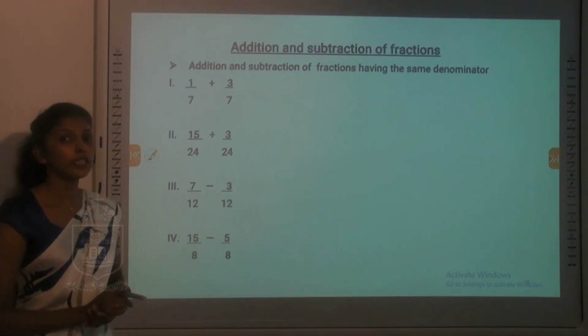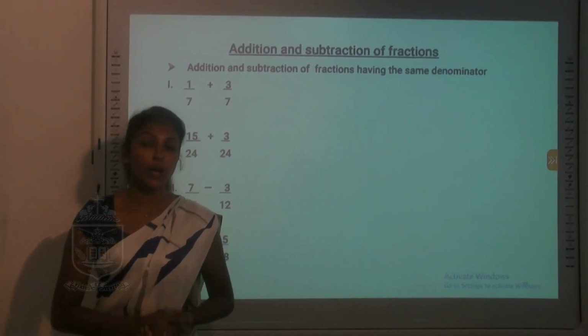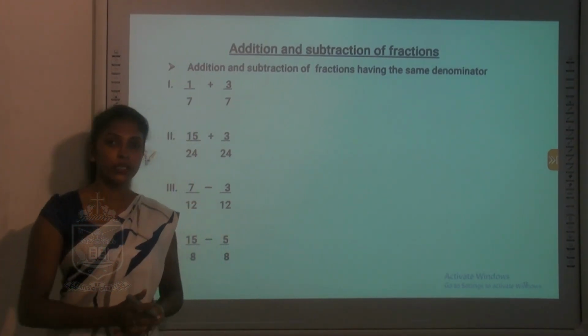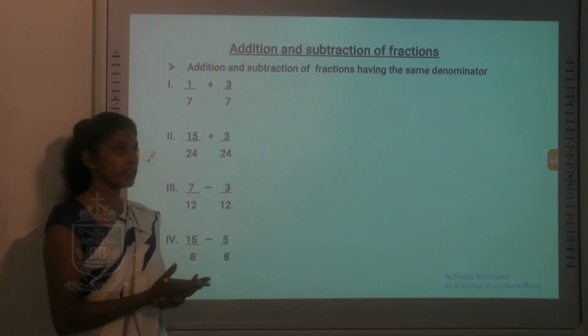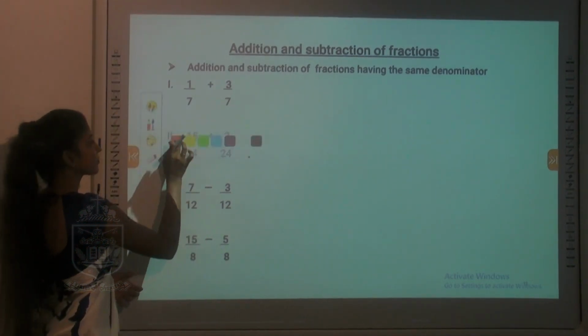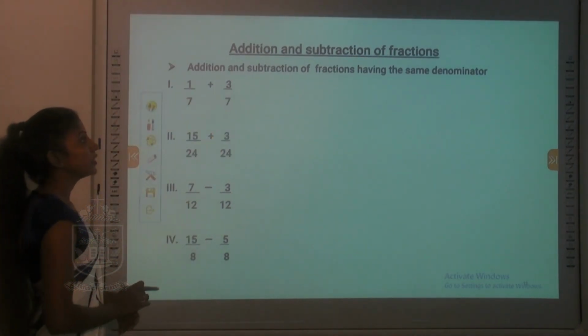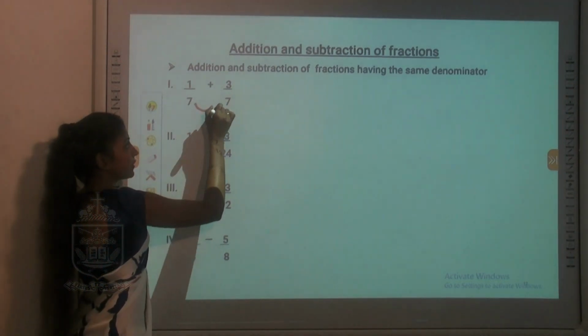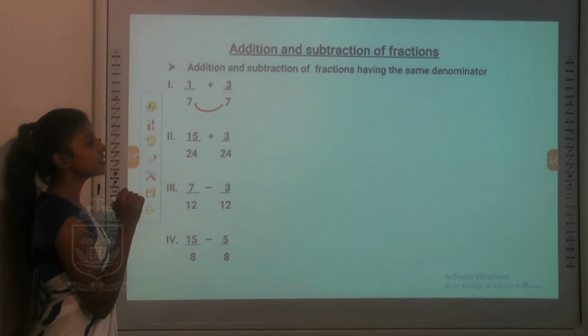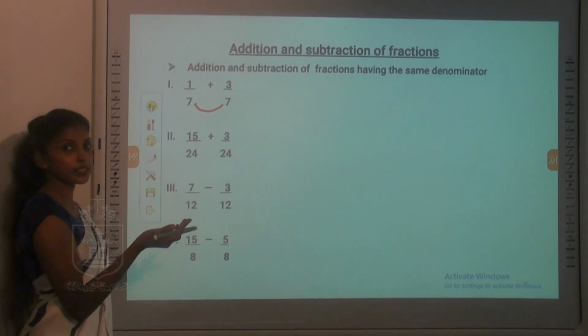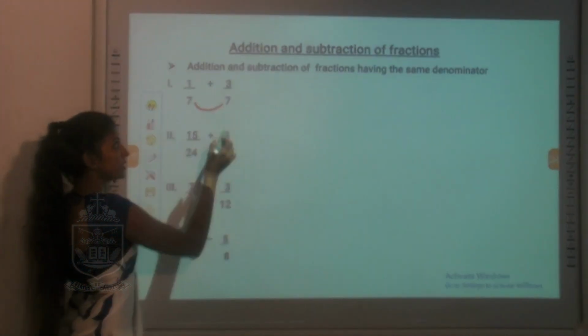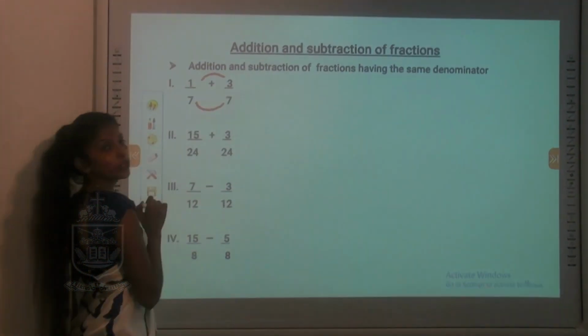So when you have equal denominators, how can we add or subtract fractions? It is easy. So this is the way of doing. If you always have equal denominators, you have to add the numerators.